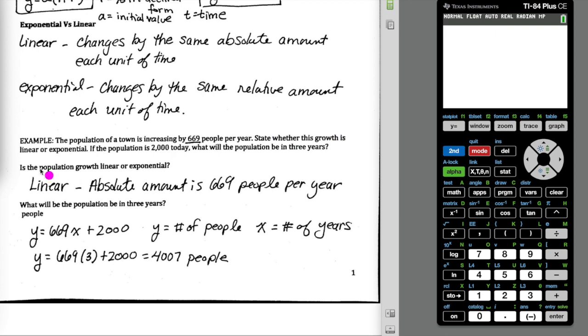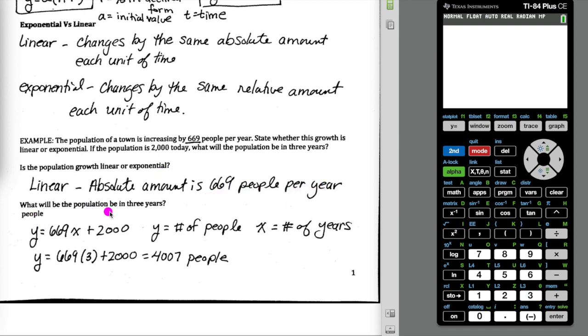We're going to state whether this growth is linear or exponential. So because this is changing by the same amount of people per year, that's an absolute amount, so we're going to say that this is linear. The absolute amount that it changes is that it grows by 669 people per year.